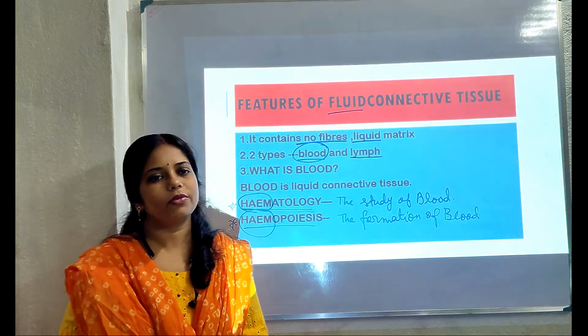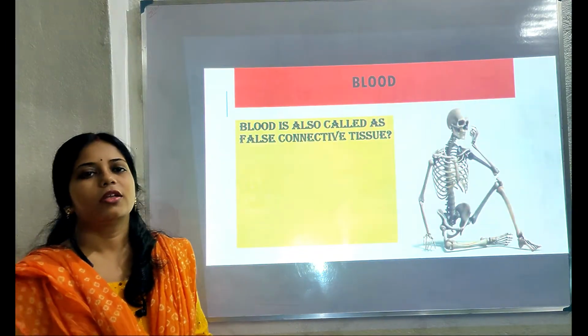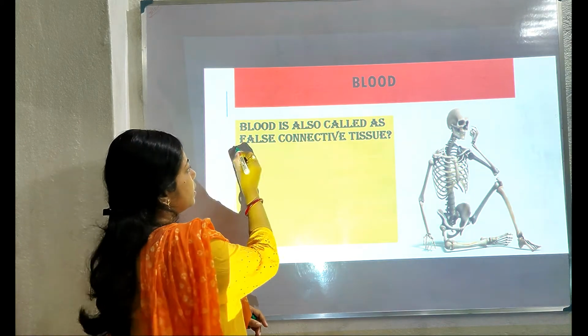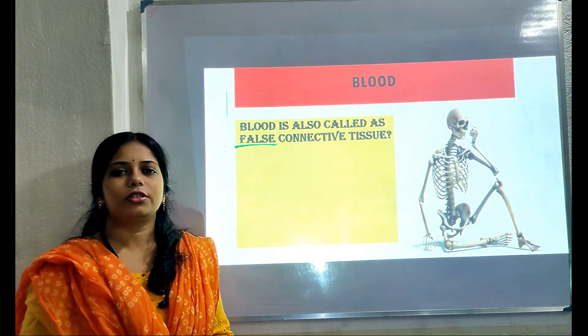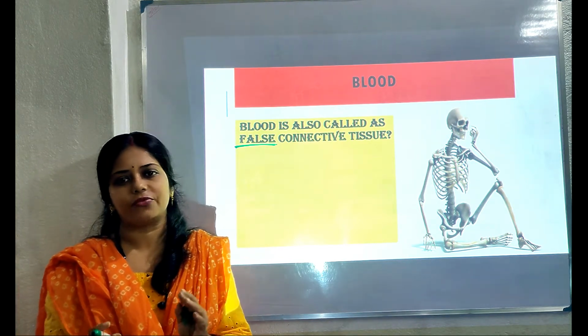Okay. Now we will talk about the composition of blood. Now students, do you know that blood is also called the false connective tissue? Why? Because we know that connective tissues are made up of three parts: cells, matrix and fiber.